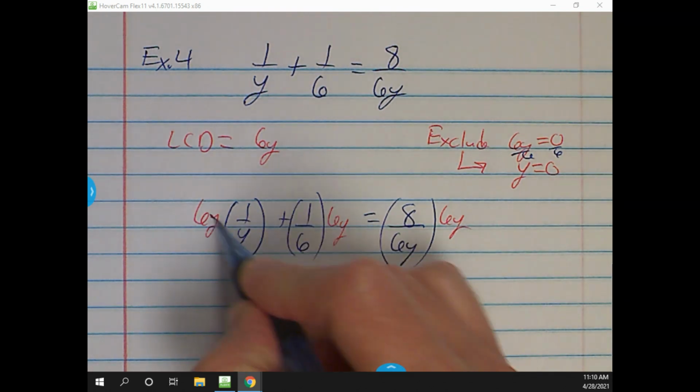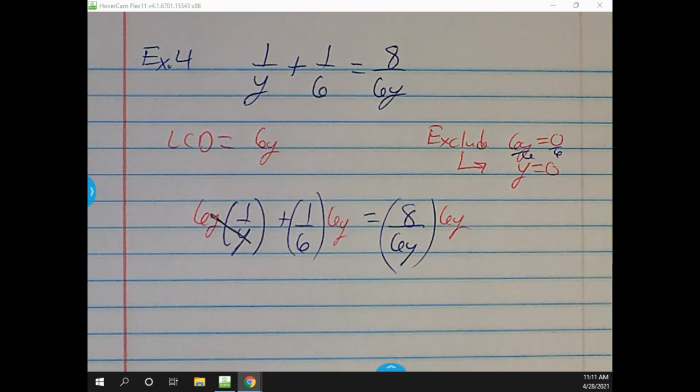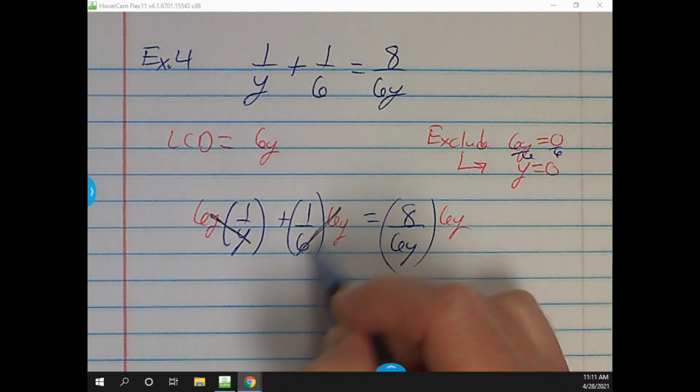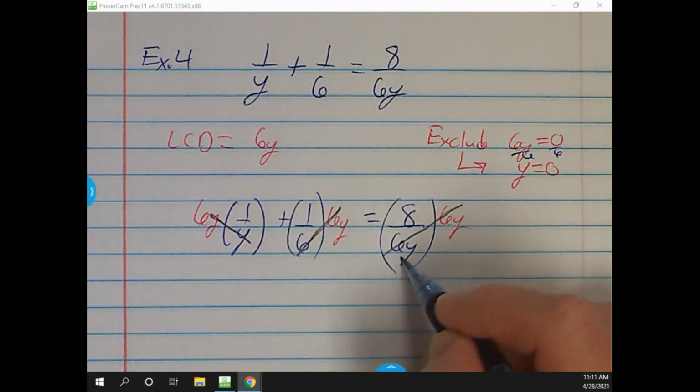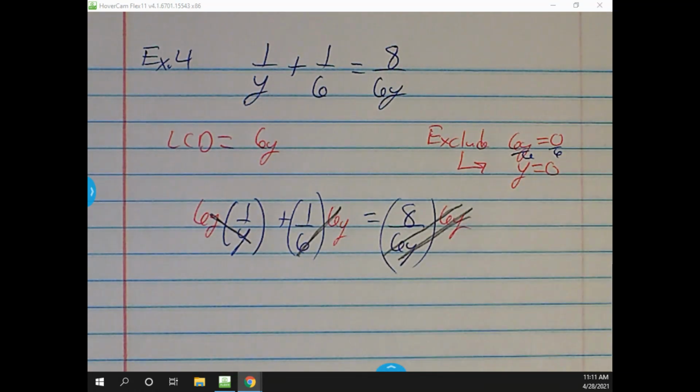On this part, these two y's cancel, those two 6's will cancel, and over here the 6's cancel and the y's cancel.